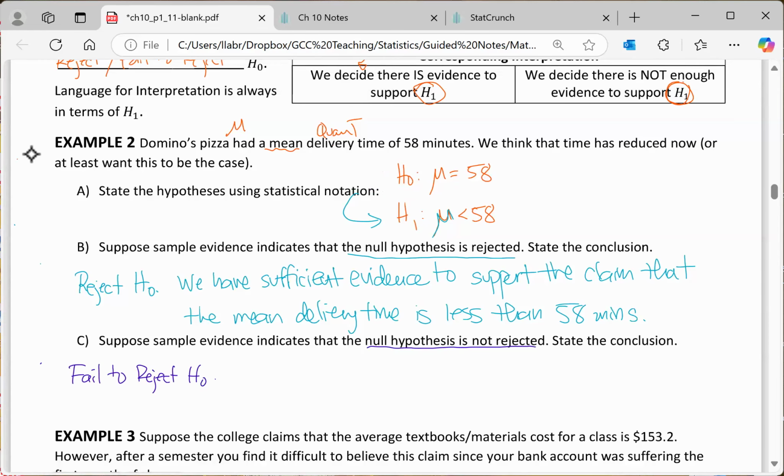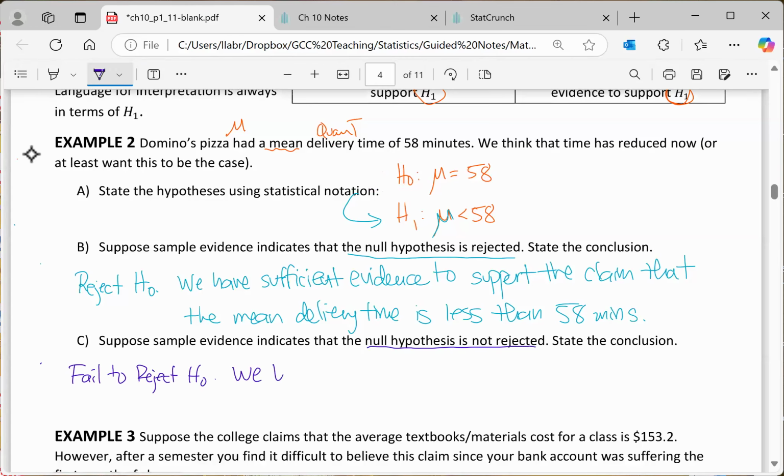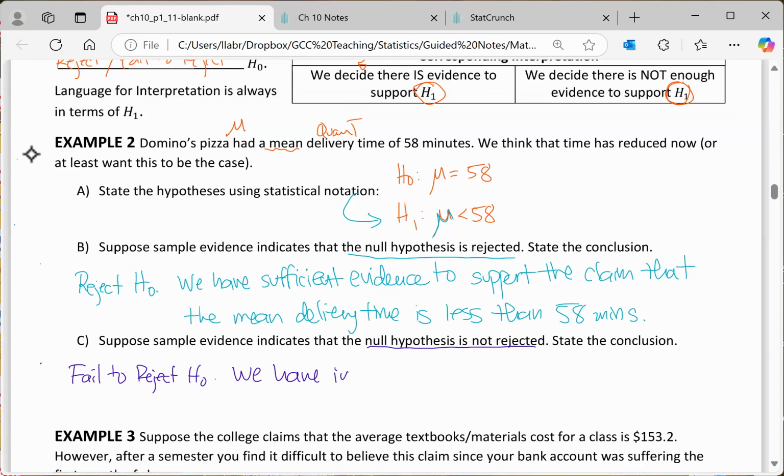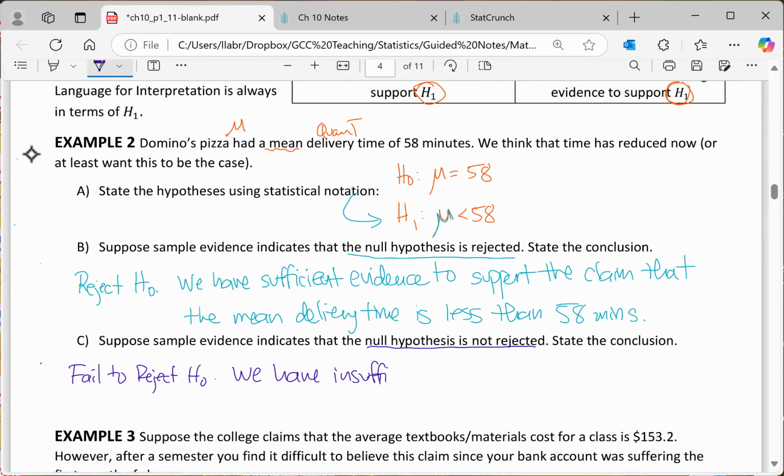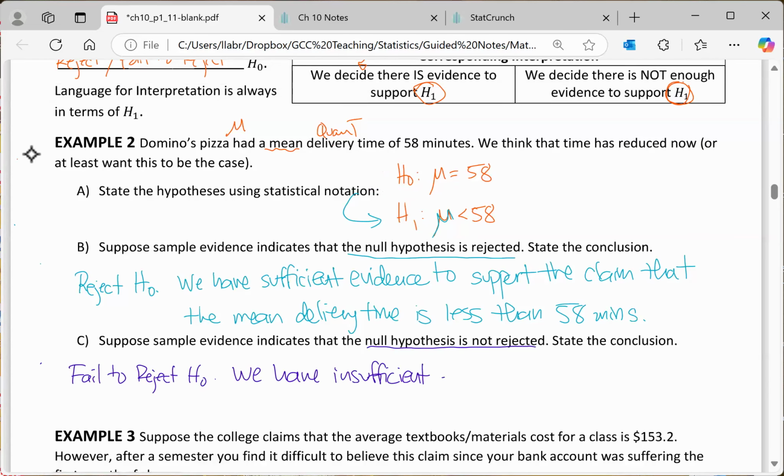And now we can come to a conclusion in words. So we're going to say we have insufficient evidence to, and you're basically going to write the same thing. That underline is essentially H1.